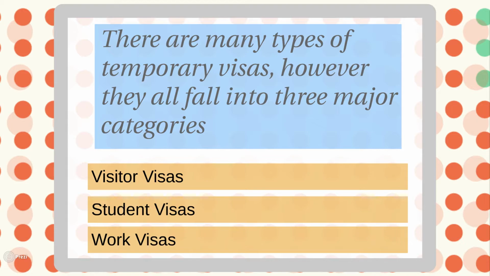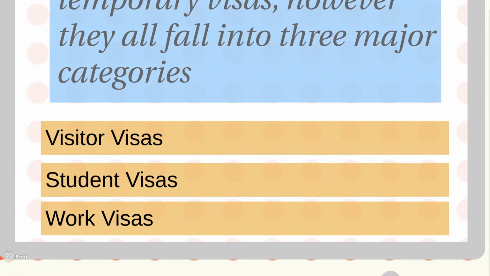There are many types of temporary visas, but they all fall into 3 major categories. We first have visitor visas. These don't really help you on the way to immigration, but the government still does regulate these.